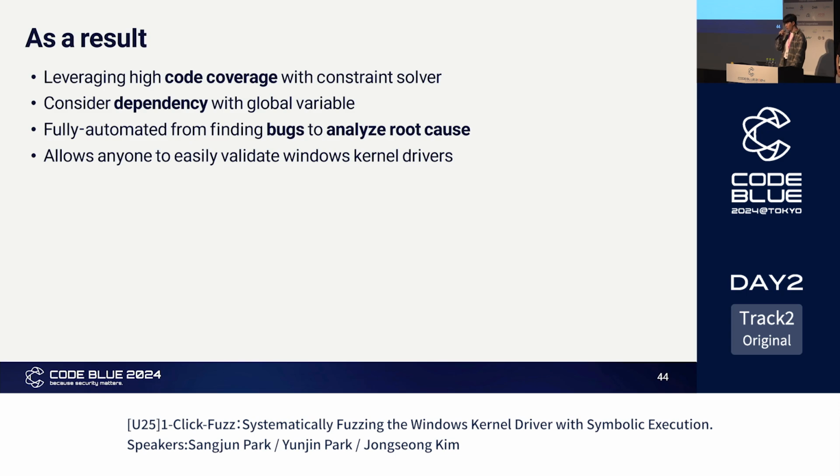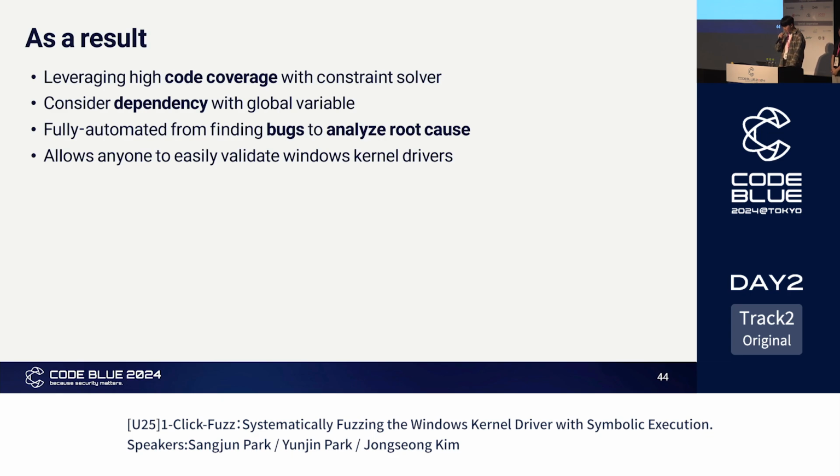So to wrap up, we want to implement a fully automated fuzzing of Windows kernel drivers. When identifying vulnerabilities in drivers, we began by recognizing drivers installed within the application. Then we conduct static analysis to learn constraints and dependencies for leveraging high code coverage.